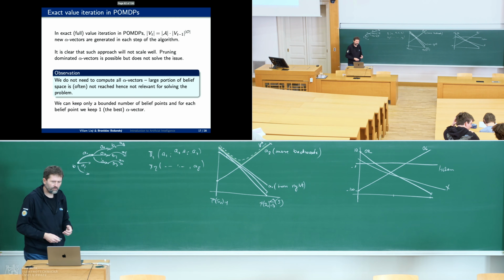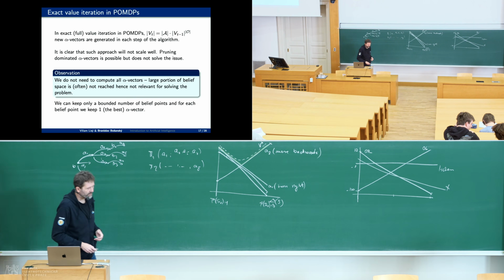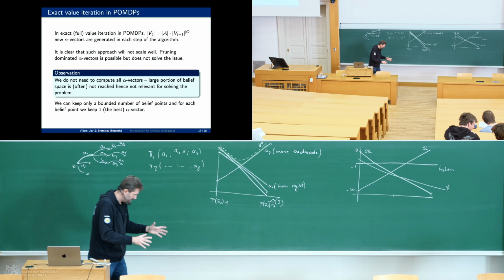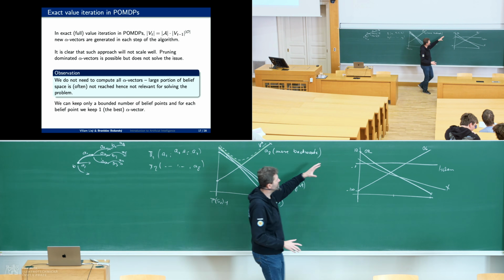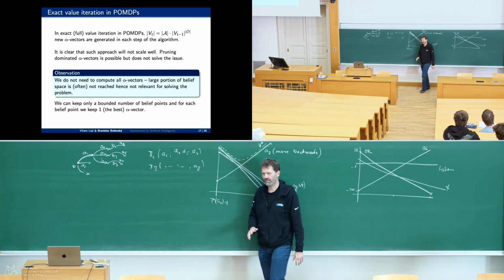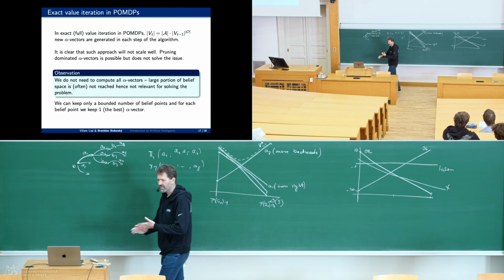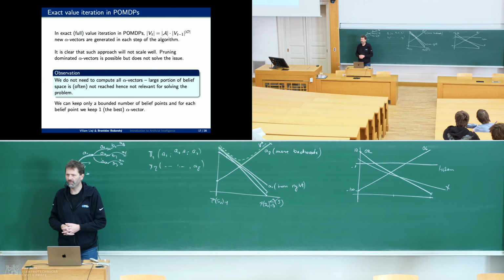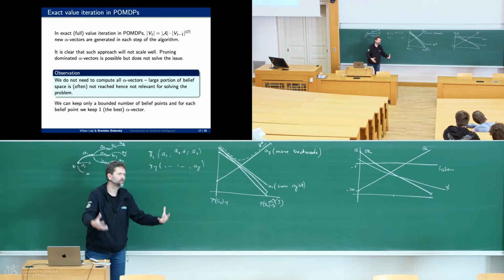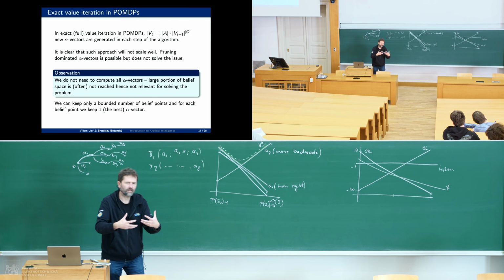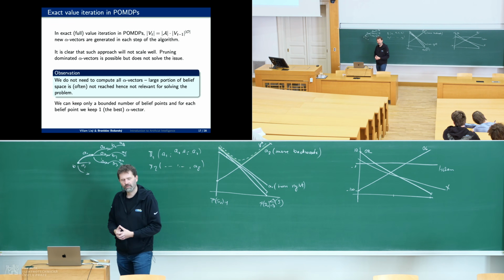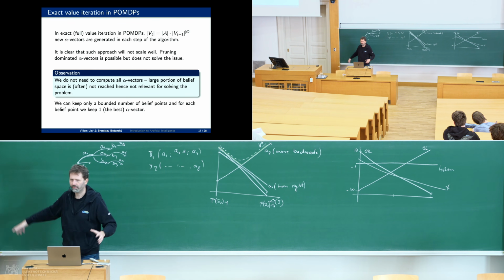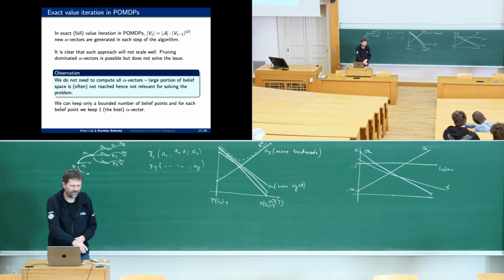So we can use that, right? We can say, okay, I'm not going to remember all the alpha vectors. I can sample some important number of belief points, because these are important belief points for which I need to know the best action, but I don't care about the rest, right?